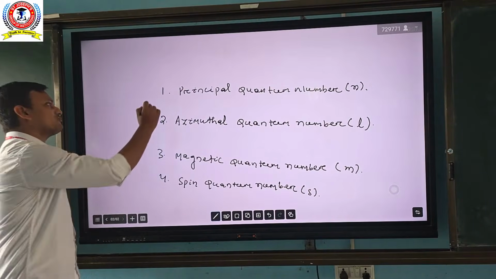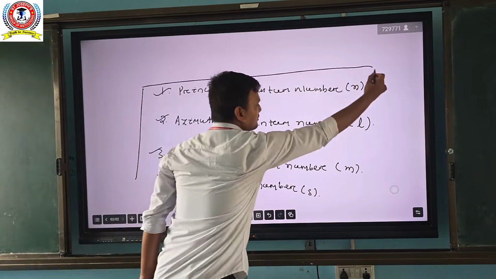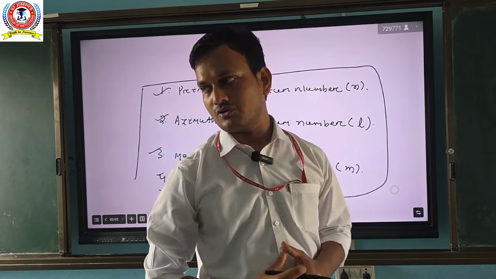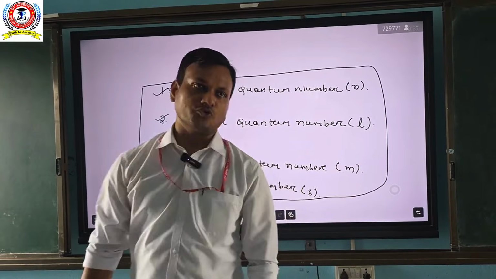Now we will discuss one by one; these four sets of quantum numbers give the complete address of an electron. First of all, we start from principal quantum number. Let's start.